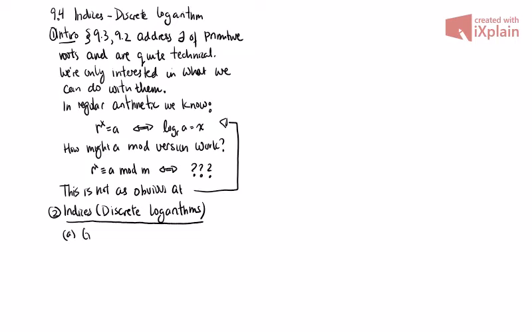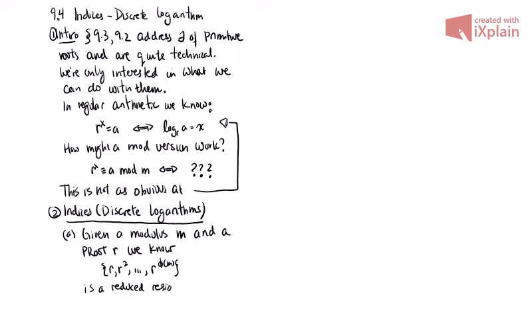Given a modulus m and a primitive root r, we know that if we take all the powers of r up to and including r to the phi of m, this gives us a reduced residue set mod m.